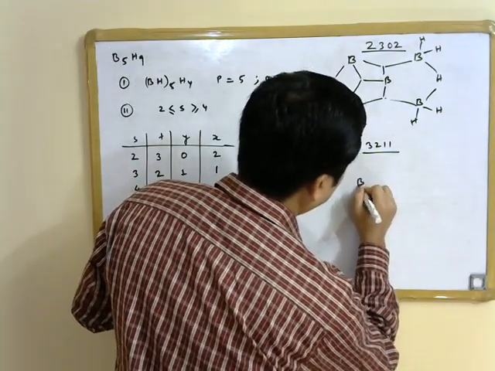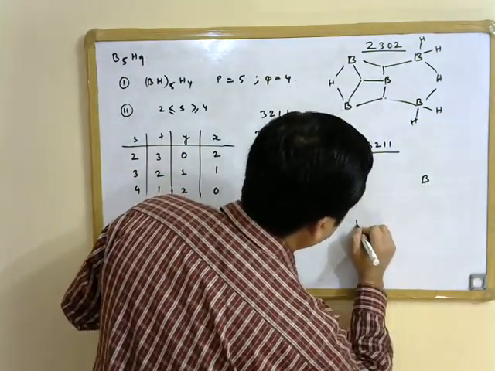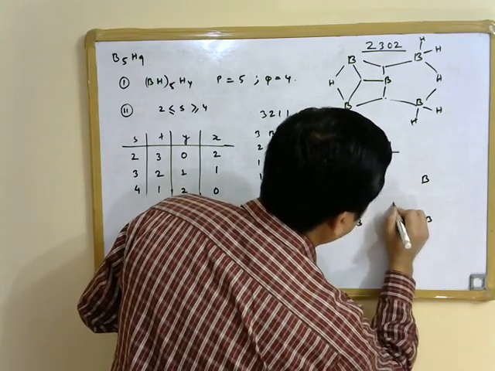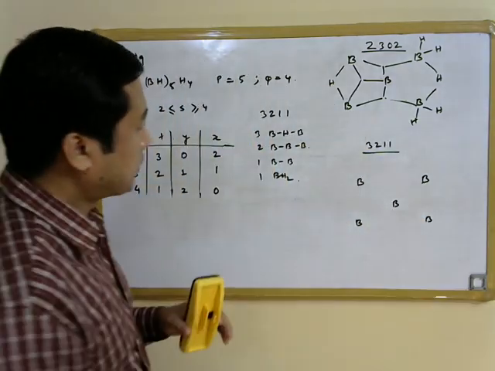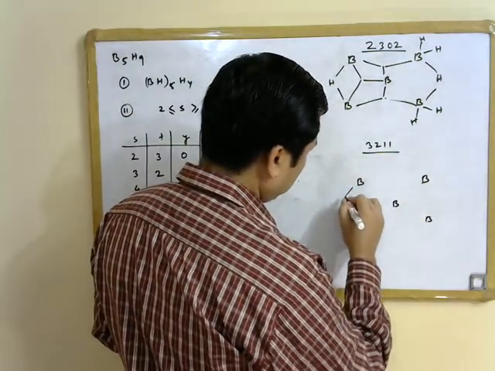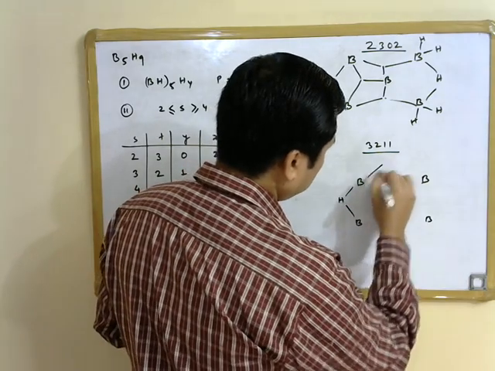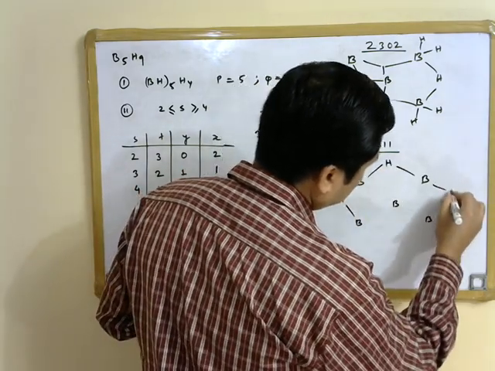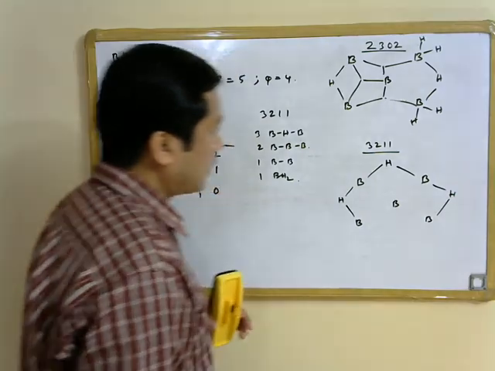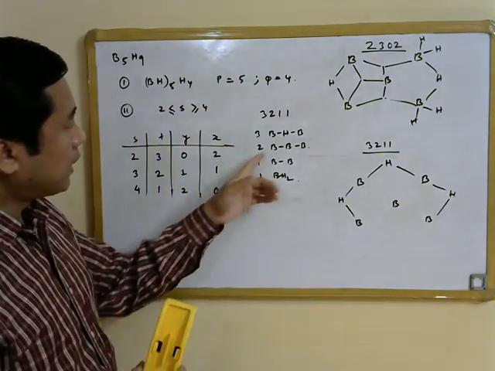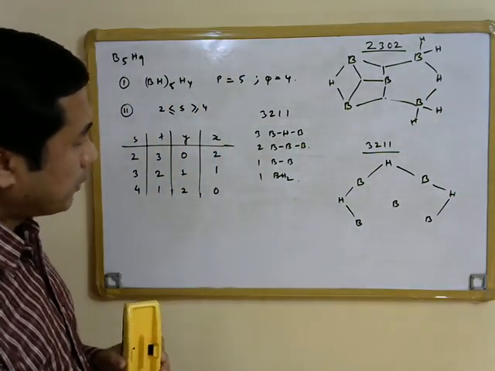So once again, let's place 5 boron centers here and 3 BHB linkages. So 3 BHB linkages we have written and 2 BBB linkages.